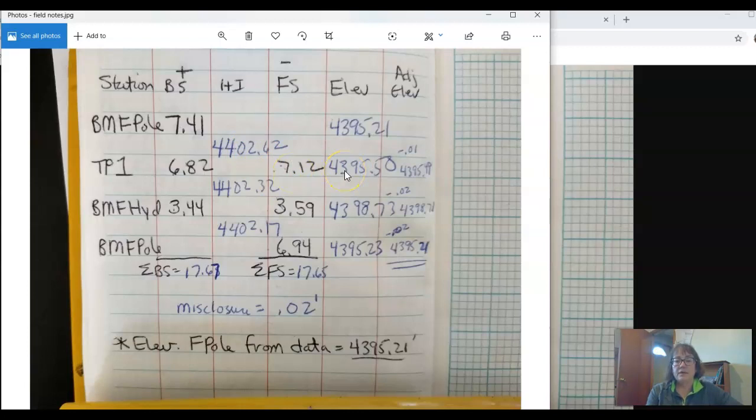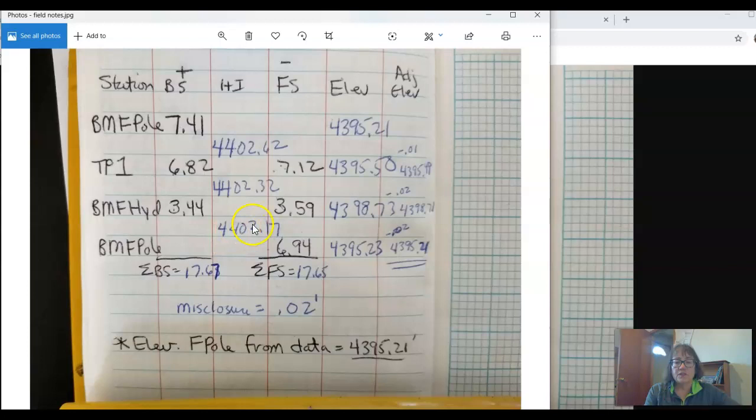So then, continuing on this pattern, to get this number, I take the uncorrected elevation, and I add the back sight, give me the second height of the instrument, subtract the second forward sight, and I get the elevation of the fire hydrant. Now that value is, once again, uncorrected.